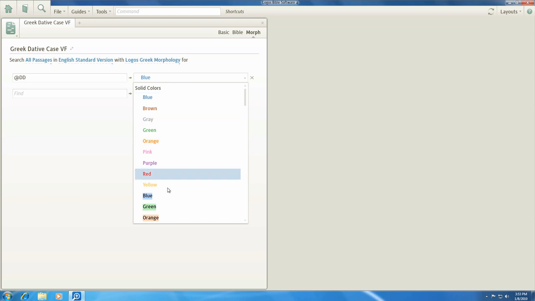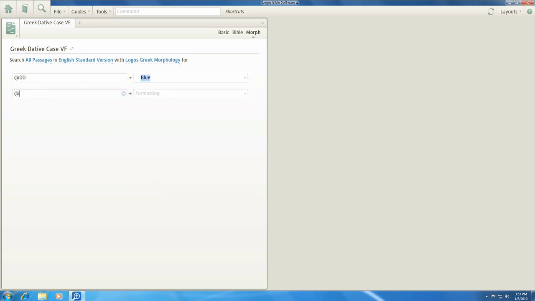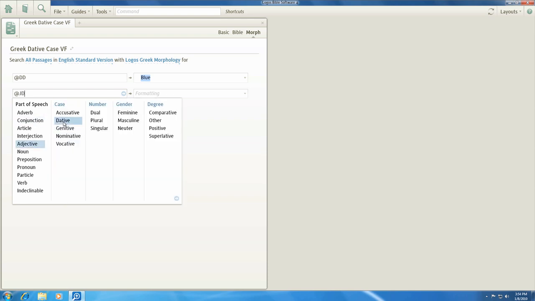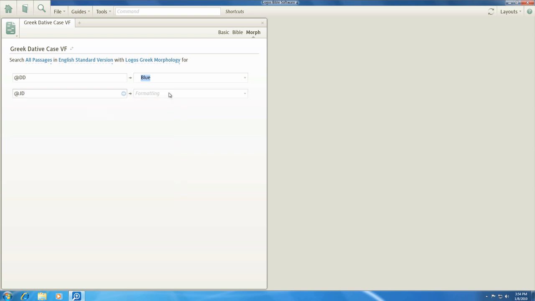And let's select the color blue. Type in the @ symbol again, select adjective and dative case. And again the color blue.